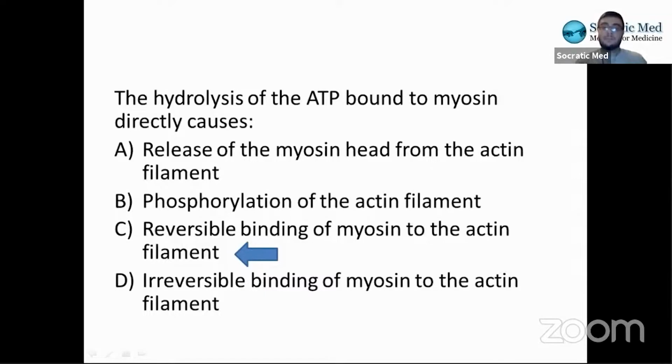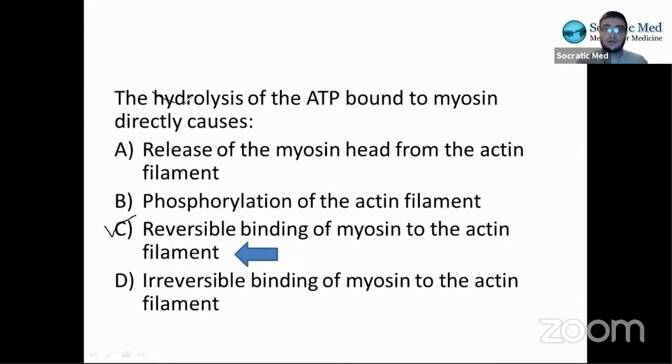However, the binding of ATP causes A, right? Just simply binding to myosin causes A. But the hydrolysis of ATP, which is the breakdown of ATP into ADP and inorganic phosphate, causes C, right?